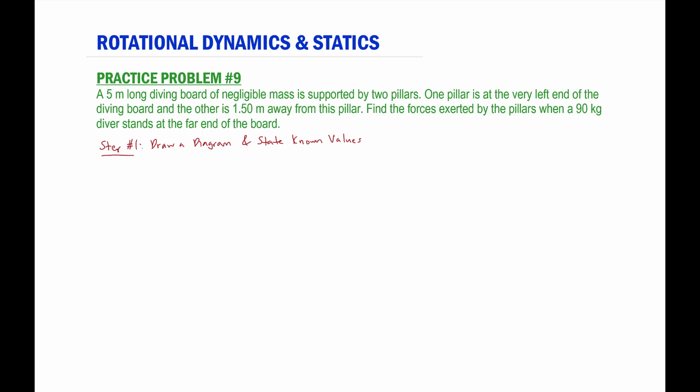So it seems like there's a diving board. So we'll draw that first in green. There's the diving board. There is a pillar on the left side, which we'll call pillar 1. And the other is 1.5 meters away from this pillar. So let's also draw some sort of ground.